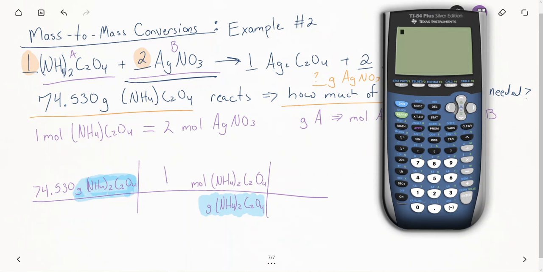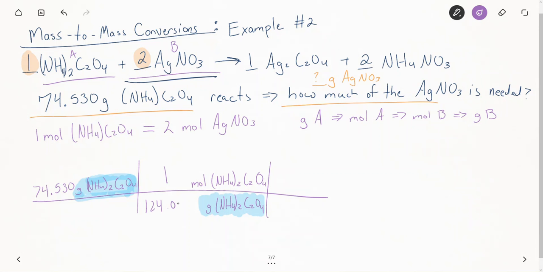And so there are 2 nitrogens, so 2 times 14.007, plus there are 8 hydrogens, 8 times 1.008, plus 2 carbons, that's 12.011, and we're going to add 4 of the oxygens, which is 15.999, hit enter, looks like 124.096 grams.